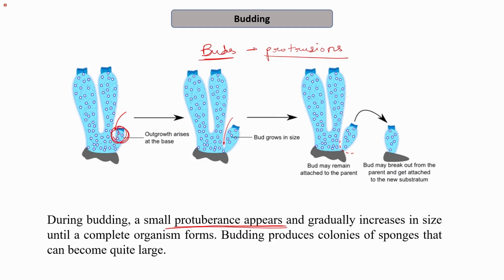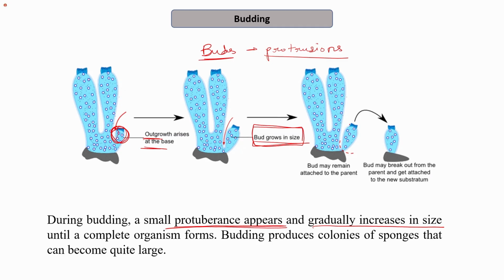So an outgrowth has arisen at the base. This is the protuberance that appears during the process of budding. Then this outgrowth increases in size. So the bud grows gradually until it forms a complete organism.